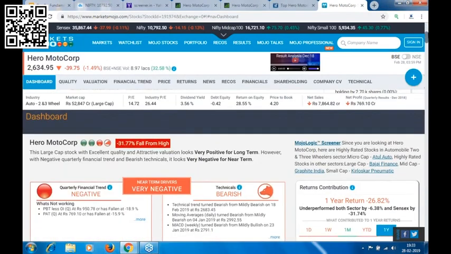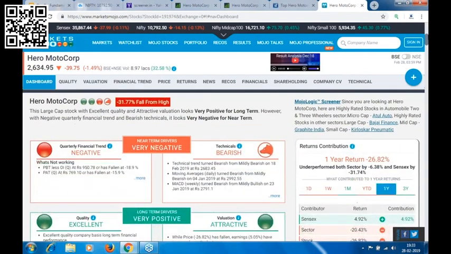This will give you all the details: what is positive for the company, what is negative for the company. 31.77% fall from high. This large cap stock with excellent quality and attractive valuation looks very positive for long term. However, with negative quarterly financial trend and bearish technicals, it looks very negative for near term.